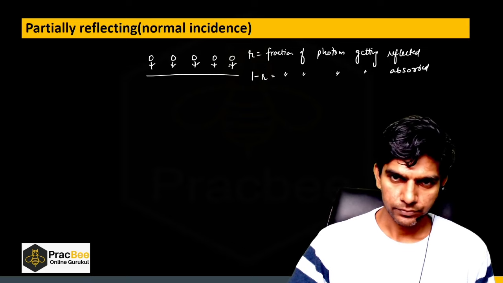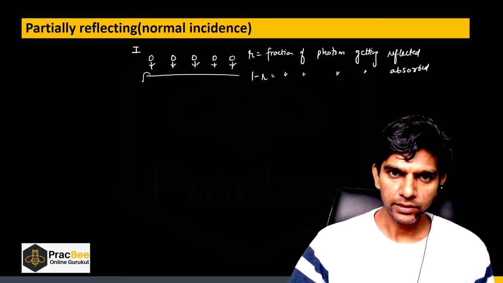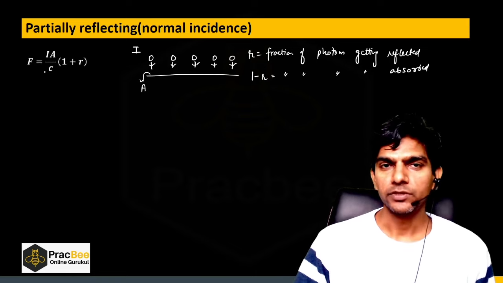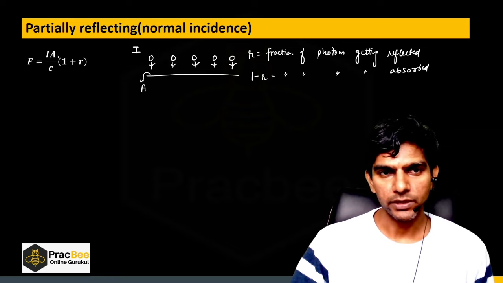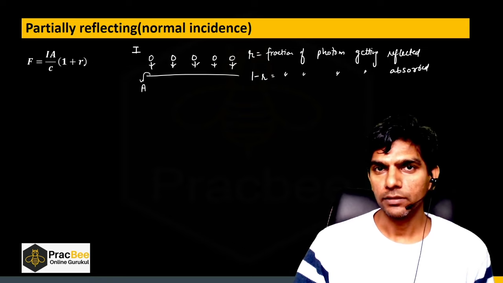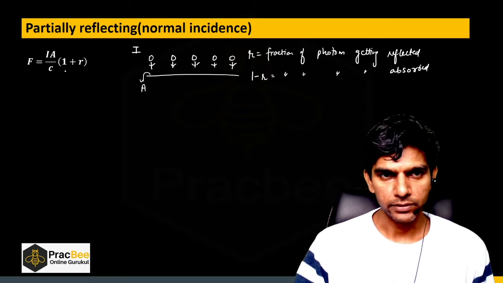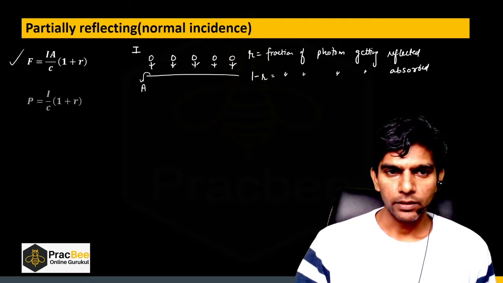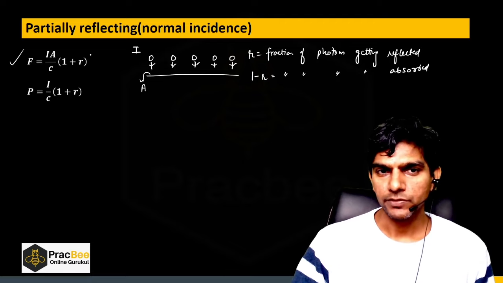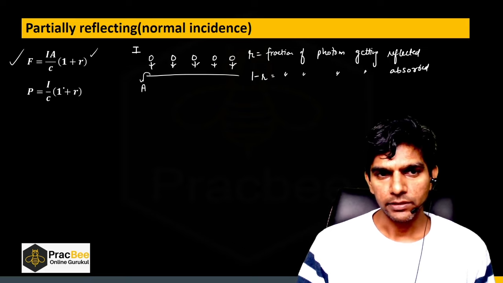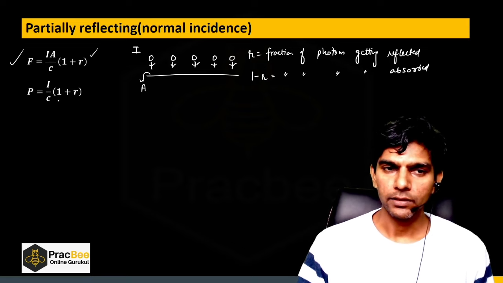Again, the intensity is I and the area of this surface is A. In this case, the force exerted by these photons on this surface will be given by IA by C times (1 plus R), where R is the fraction of photons which are getting reflected. So I is intensity, C is speed of light in vacuum, A is the area. So this is the formula, and I have seen a direct question from this formula in one of the JEE. The radiation pressure will be I by C times (1 plus R). Just divide force by the area, we will get the radiation pressure.